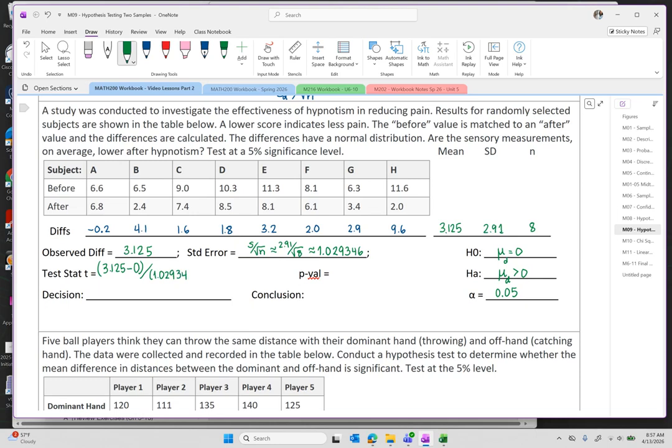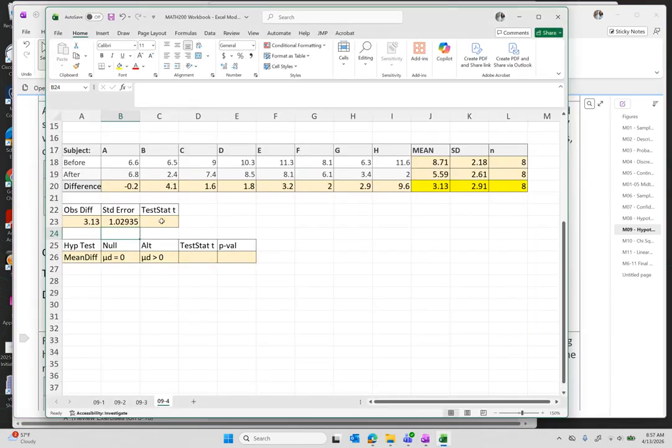It's better to have exact values. And in Excel again, that will equal the observed difference minus 0 divided by the standard error that I found, and this value is 3.03591.